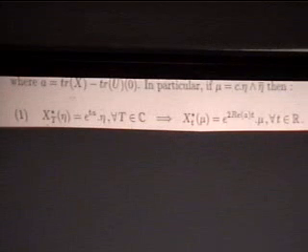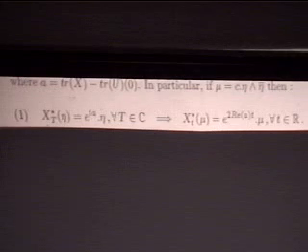Okay. So, for instance, if A is real, if the real part of A is bigger than 0, then the volume is increasing when t increases. And if it is less than 0, then the volume of the surface is decreasing.